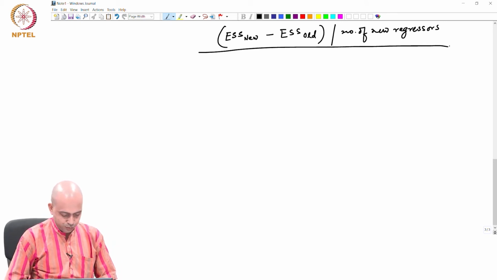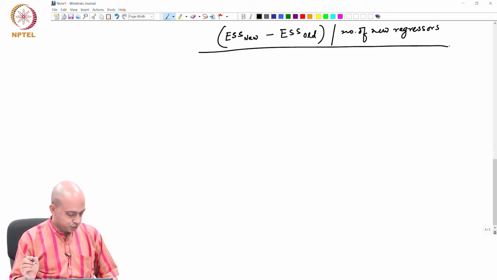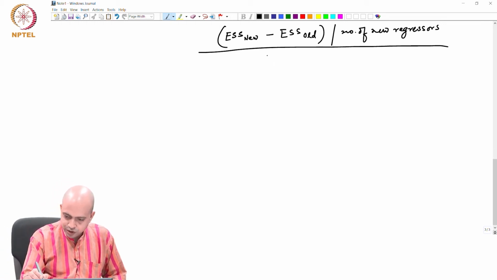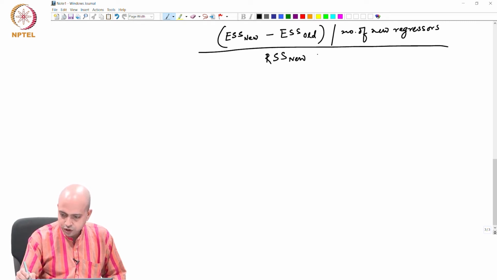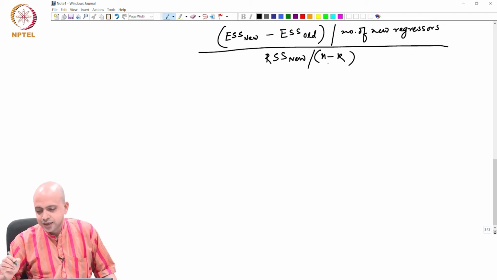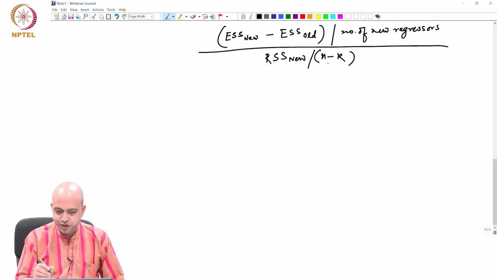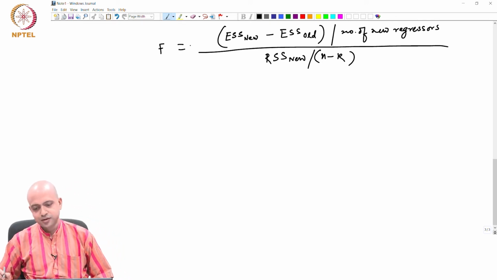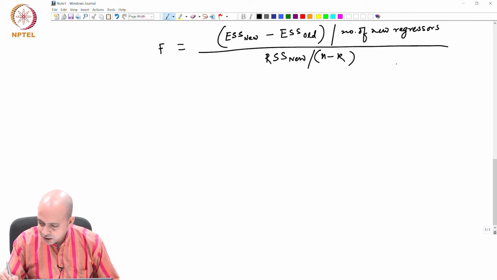What should be the denominator? The denominator should be RSS new divided by n minus k, where k is the number of parameters to be estimated from the new model, and this is how the F statistic is defined.